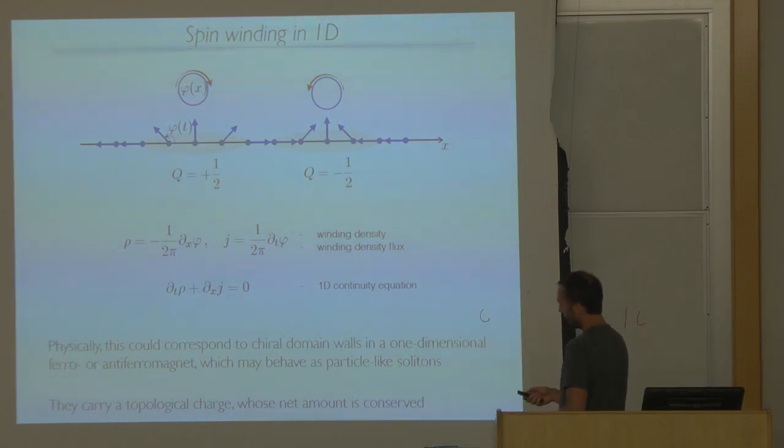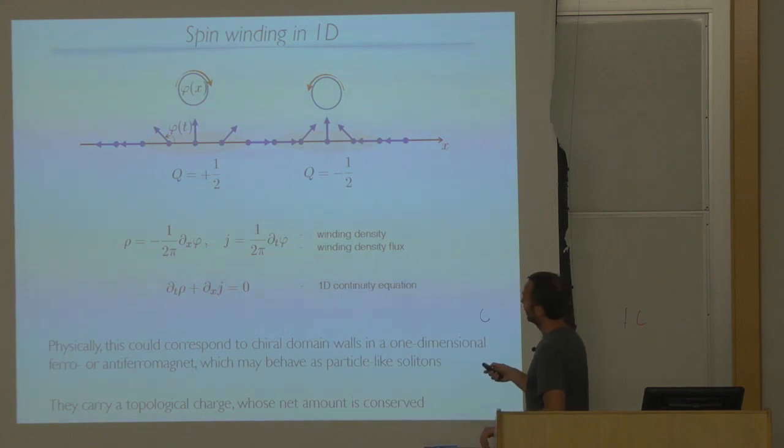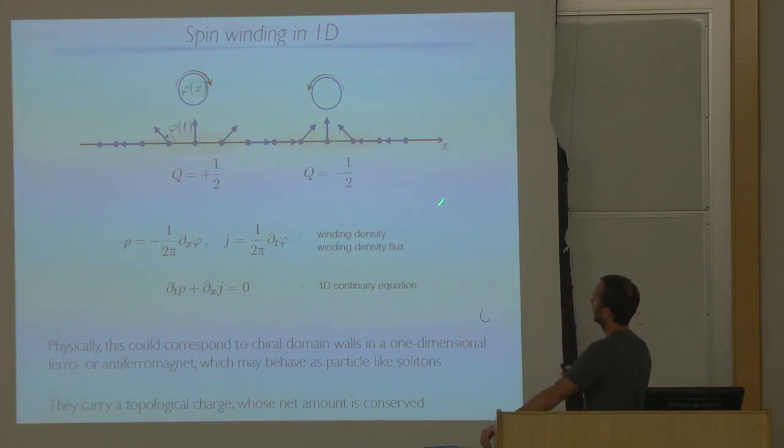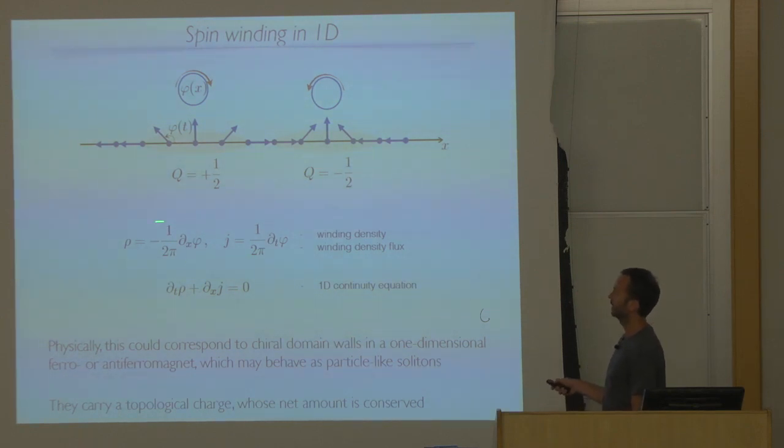Okay, so the spin winding dynamics now is described as follows. So just putting what I said into a little bit of mathematics. The density of the winding, let's define it like this. Some arbitrary normalization factor, but essentially the gradient of the phase.